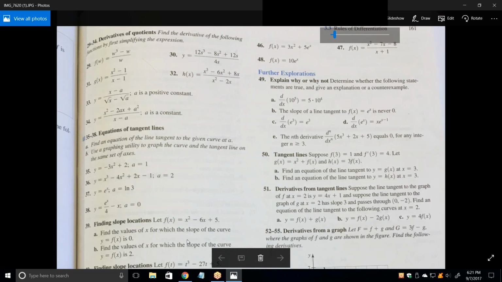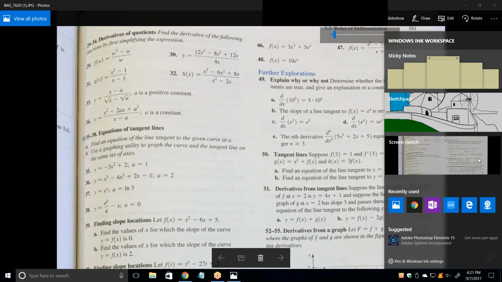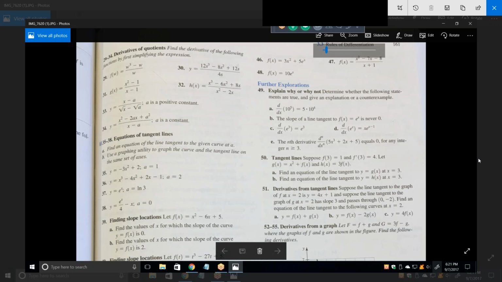Here we're still just working with the power rule. So simplify that first, which means split it into 2 fractions. Simplify it.